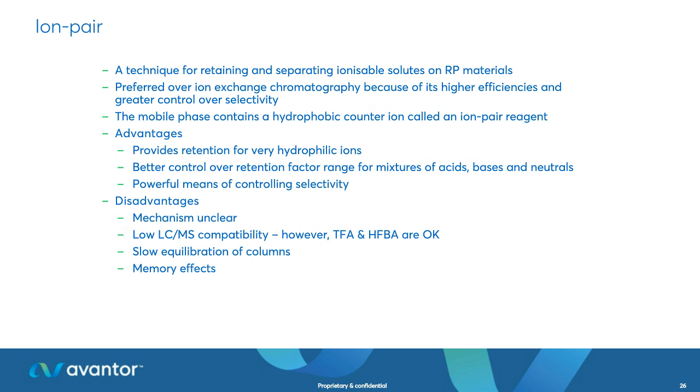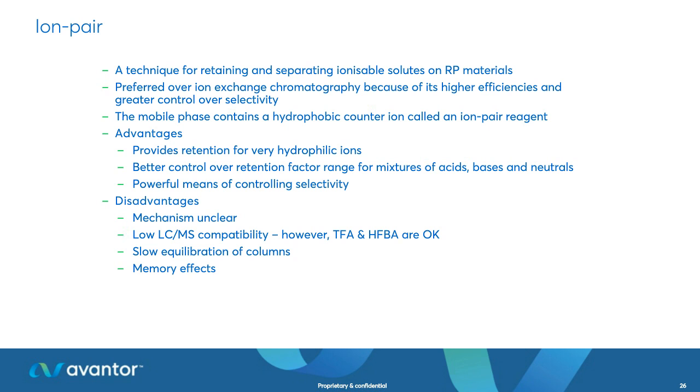Some of the issues we have are that these aren't all mass spec friendly, but a lot more development has gone and interest has gone into looking at ion pairs that are mass spec friendly. One of the areas we've seen this is really advantageous is when we're looking at oligos.